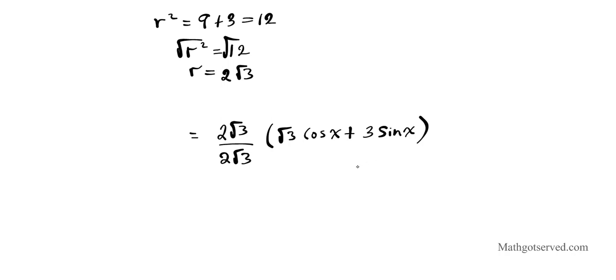Remember, the goal is to scale it down so that I can have valid sine and cosine assignments. Let's leave the numerator out there and distribute the denominator. So we have 2 root 3 times root 3 over 2 root 3 for the cosine term, which gets scaled down, plus 3 over 2 root 3 sine x.